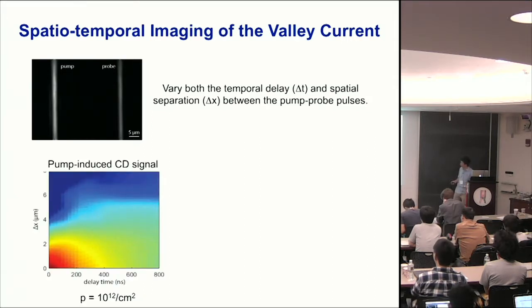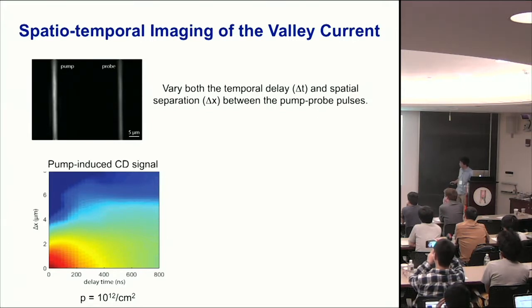And this is the experimental data. So we can measure the circular dichroism signal, which basically tells us where the valley polarized holes are. That's shown in the color as a function of pump probe time delay and pump probe spatial separation.